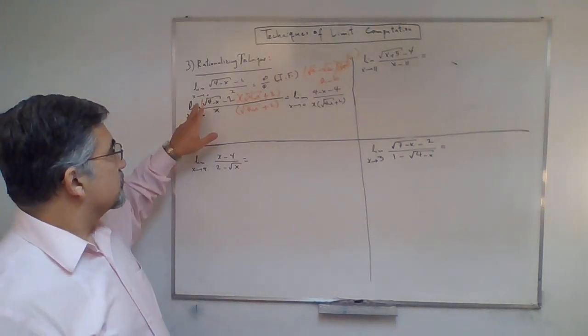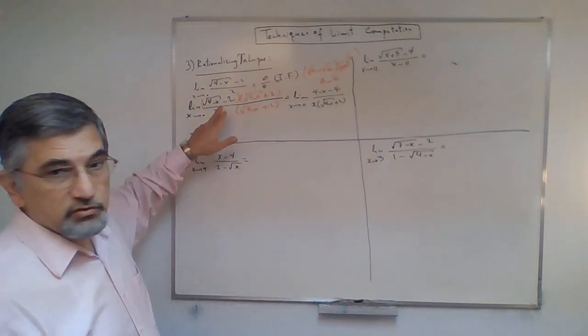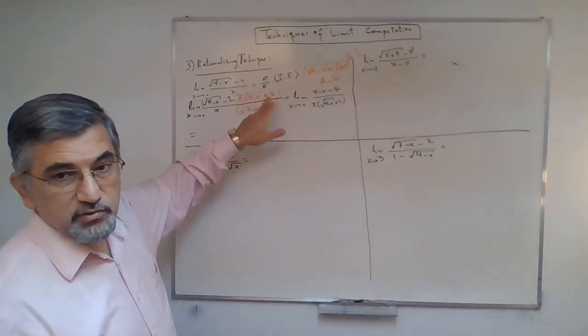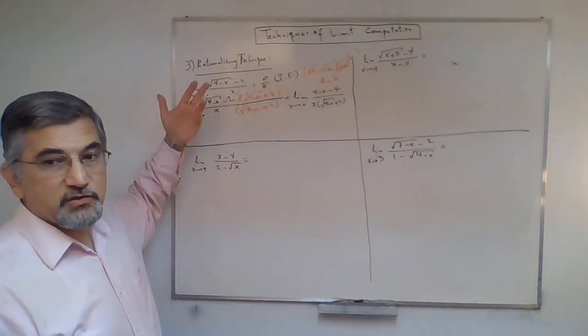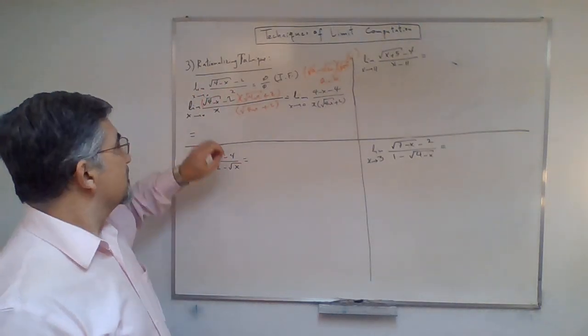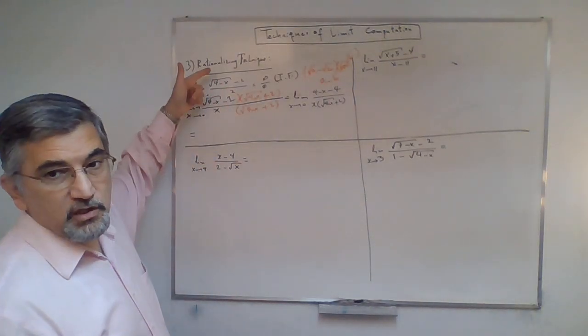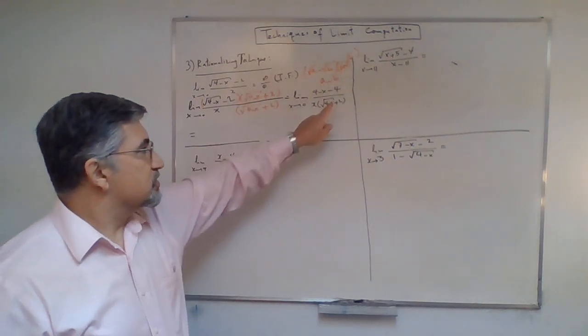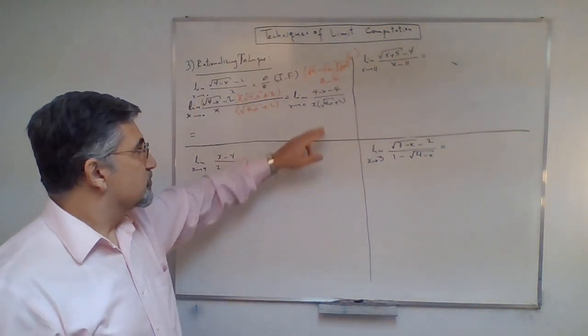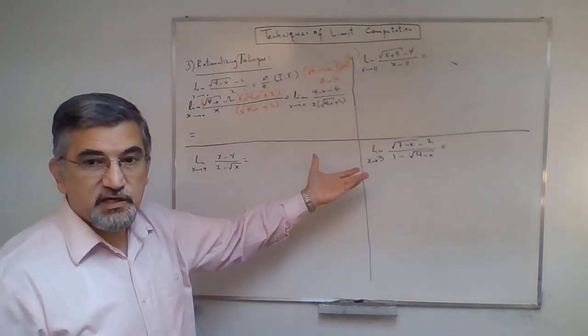Square root of 4 minus x minus 2 times square root of 4 minus x plus 2. If you multiply, either by expanding or using the difference of squares identity, it will be this radical squared, which is 4 minus x, minus 2 squared, which is 4, right there. The denominator remains unchanged. We can't do anything about it.